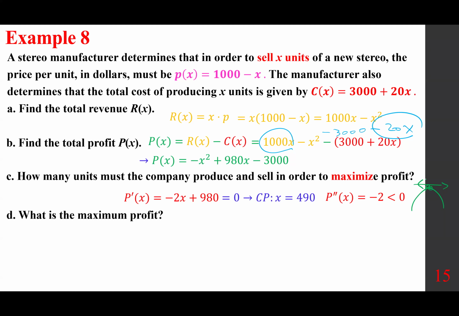Well, into this goes this x. Put it into a calculator. So minus 490 squared plus 980 times 490 minus 3,000 results in $237,100. That's the maximum profit, everybody.